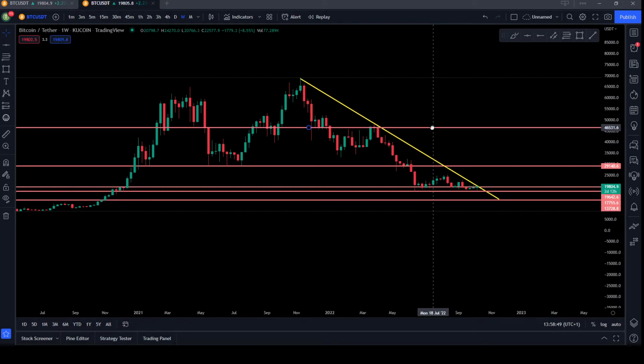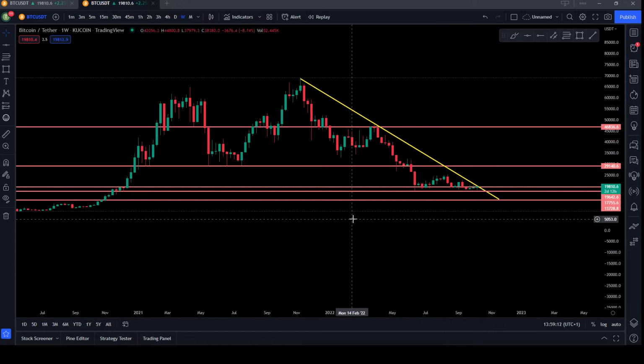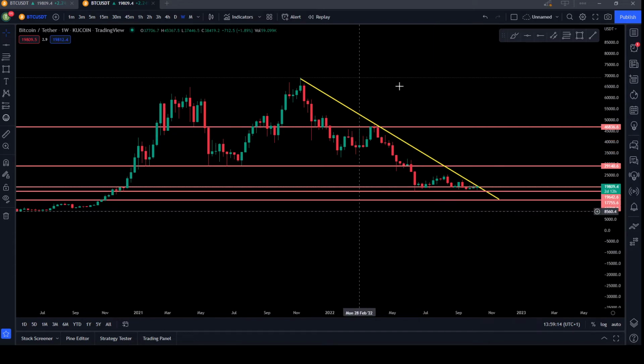I mean, that feels a little bit truer to where it would be, just because of the amount of touches we get in these areas: 1, 2, 3, 4, 5, 6, 7, 8. Pretty much all of these are either just touching or leaving from, depending on what side of that area it is. Okay, let's go down to the daily.